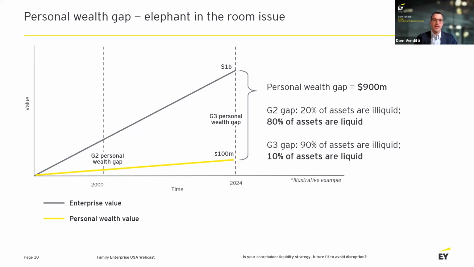And by generation 3, in this illustrative example at least, 90% of those assets are illiquid and 10% are liquid. As it relates to how this applies to those factors that are increasing pressure within that enterprise itself, as that paper-rich, cash-poor trend continues, we're seeing increasing amounts of pressure on the business itself for liquidity to tap into what's currently illiquid wealth held within the family enterprise.